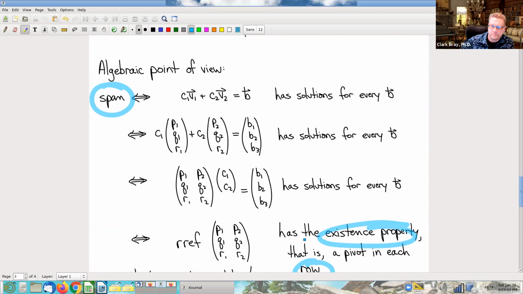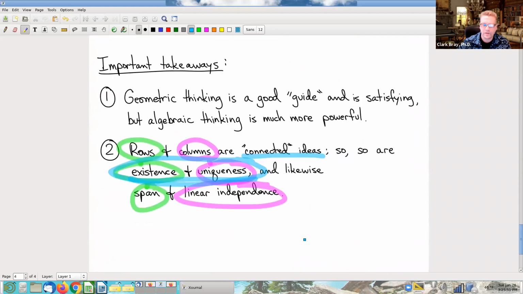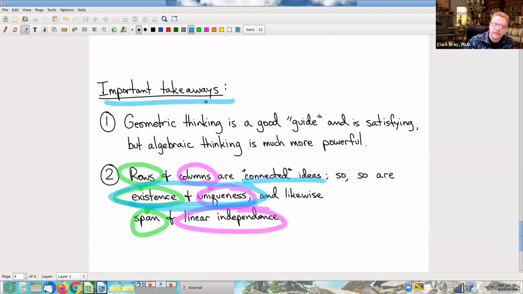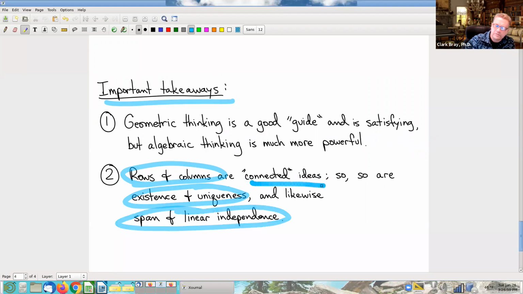Note the very strong analogy in how those are laid out on the page, and the arguments are comparable. So I think that's another big important takeaway, that these are connected ideas, and that's a good thing to chew on. Okay, so I hope this has been a useful discussion, and I look forward to seeing you all in class.